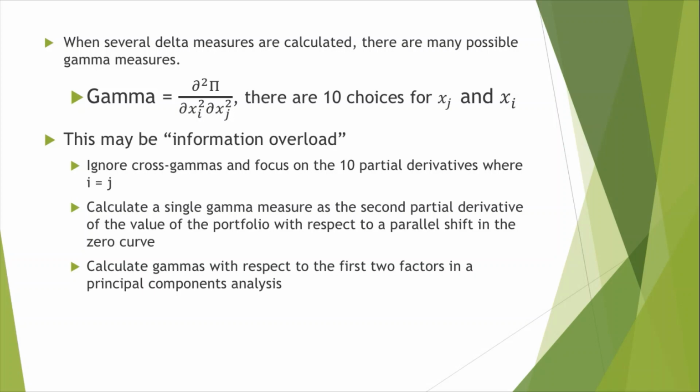Some approaches to reduce this overload are to ignore cross gammas and focus on the 10 partial derivatives where i equals j, so you'll only have 10 choices. Another approach is to calculate a single gamma measure as the second partial derivative of the value of the portfolio with respect to a parallel shift in the zero curve. And the final one is to calculate gammas with respect to the first few factors in the principal component analysis.